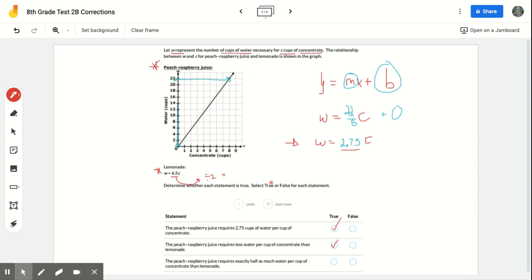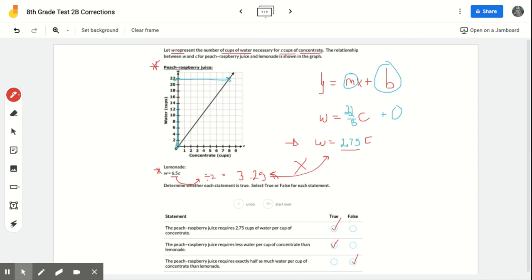So exactly half, 6.5 divided by 2 is equal to 3.25. So exactly half would be this. So it's not exact. These two numbers are not the same. So it's not exactly half. So this one is a false statement.